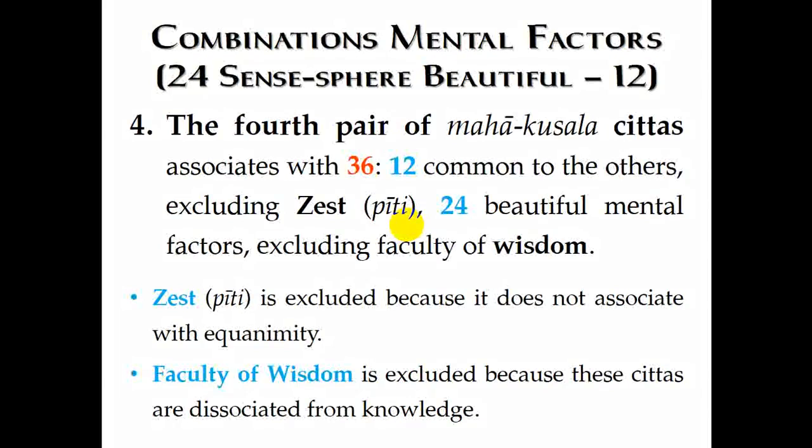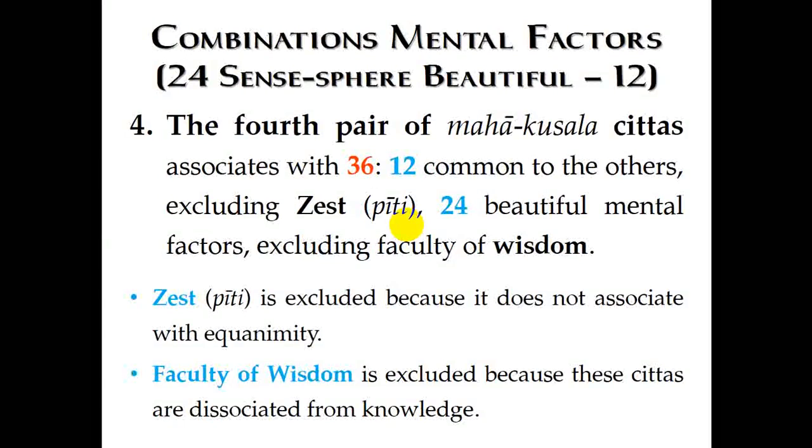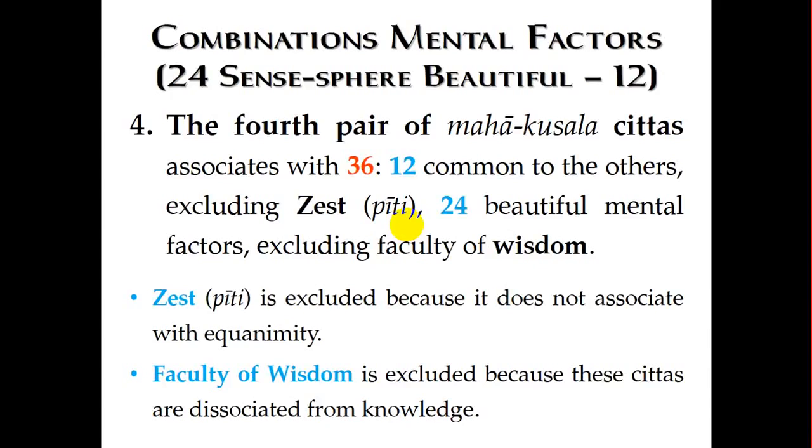You have to exclude both zest and wisdom. Altogether, 33. The first pair 35, the second pair 34, the third pair 34, and the fourth pair 33. Easy, right?